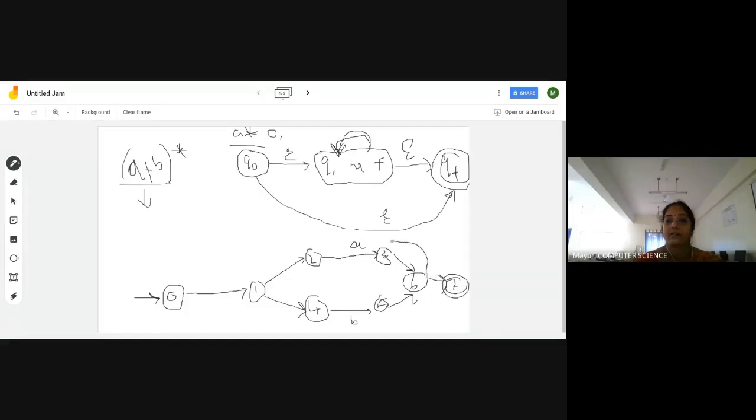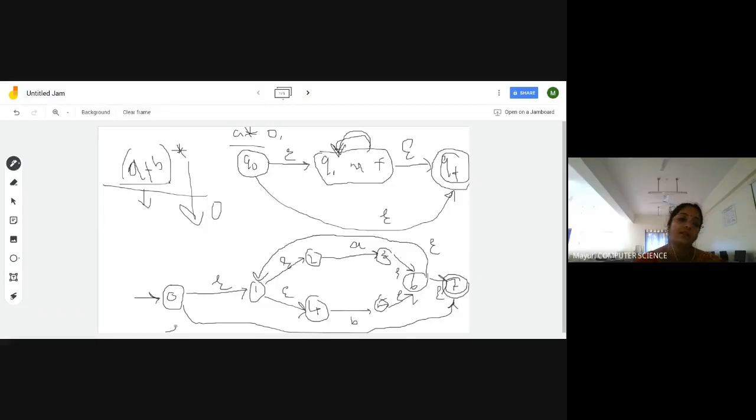For A plus B star, you have a self loop, a self loop with epsilon. This is also epsilon. Apart from A and B, the remaining ones all have to be epsilon. And see, for A plus B star with 0 length, I have to do this: straight away from my start state, I go to the final state.